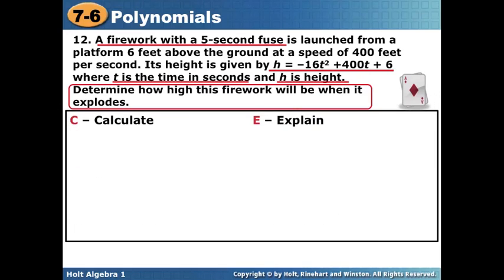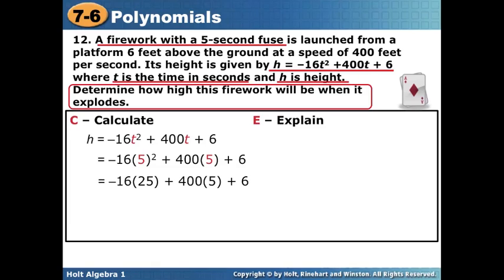We will now calculate and explain our answer. Begin with the equation given to you in the problem. Substitute 5 in for the t, which represented time. Evaluate this expression using order of operations. First, using exponents, then multiply, and finally add to find our answer.